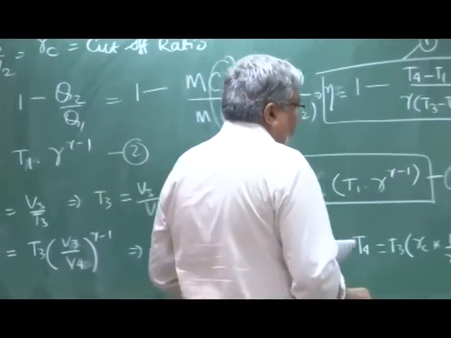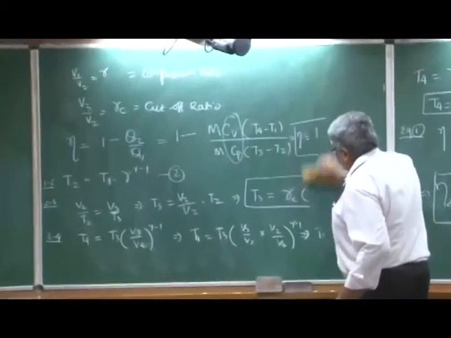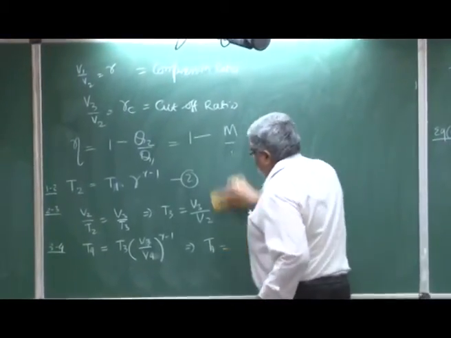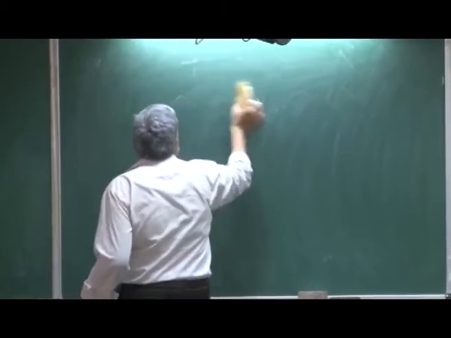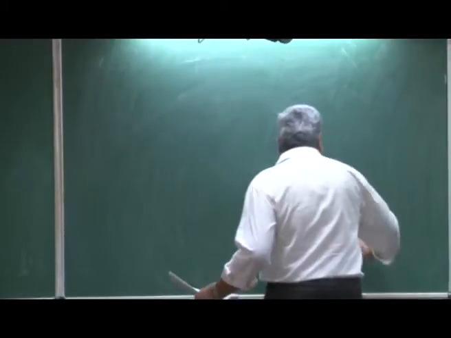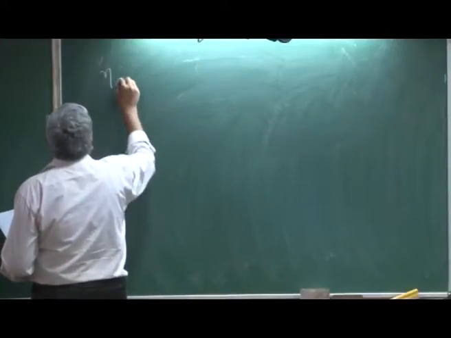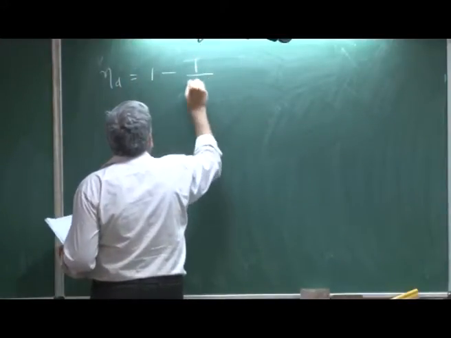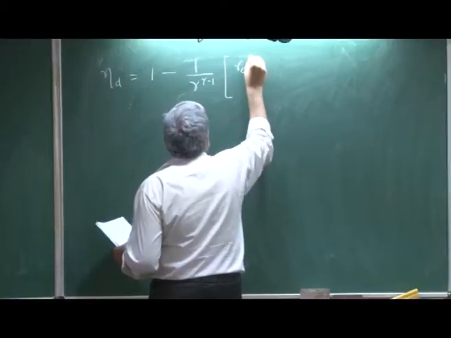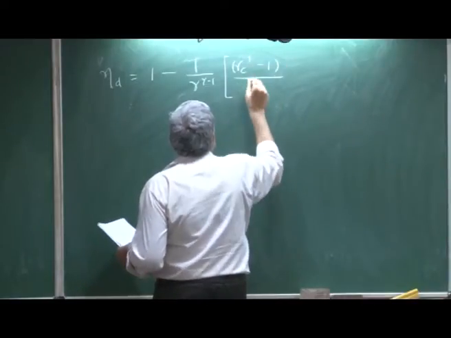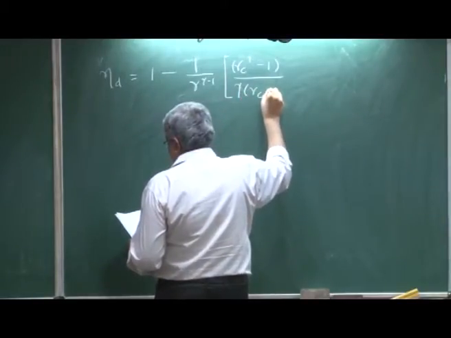Another point that I would like to make is, the diesel cycle efficiency is 1 minus 1 upon R to the power gamma minus 1 into RC to the power gamma minus 1 divided by gamma into RC minus 1.